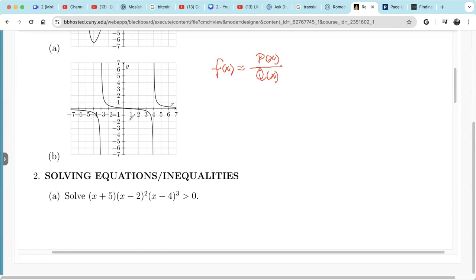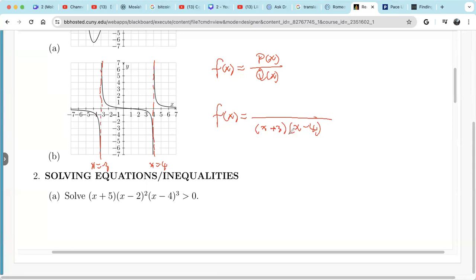And also we see vertical asymptotes. x equals negative 3 is a vertical asymptote. x equals 4 is a vertical asymptote. So that means the denominator will have two factors, x plus 3 and x minus 4.